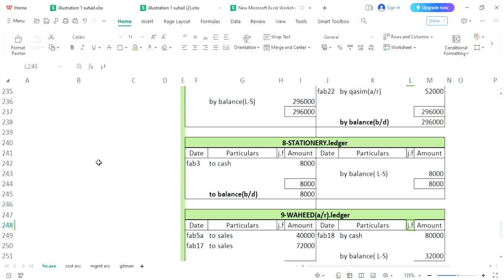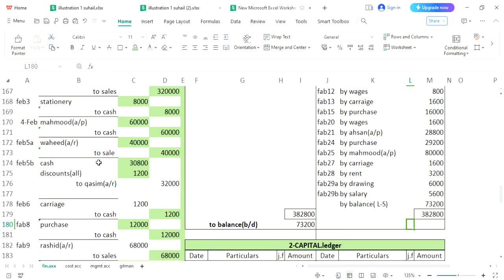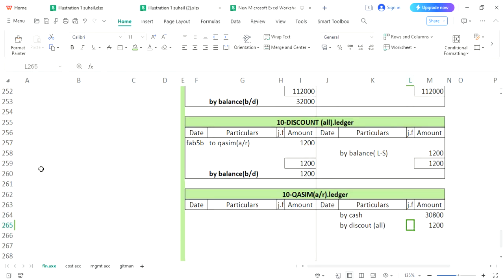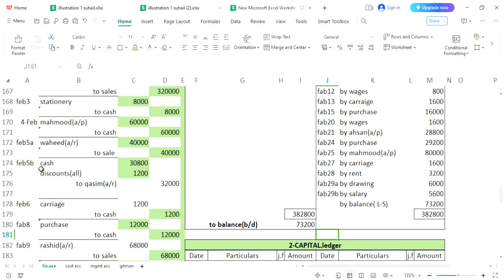Now it's time to see what was the date for 32,000, February 5B. So come over here and write down February 5B for cash, and the same February 5B will be used for the discount as well. It was the same entry, the 32,000 entry we were doing.